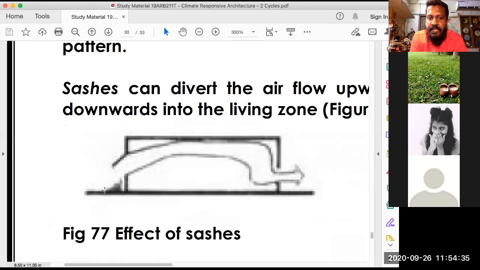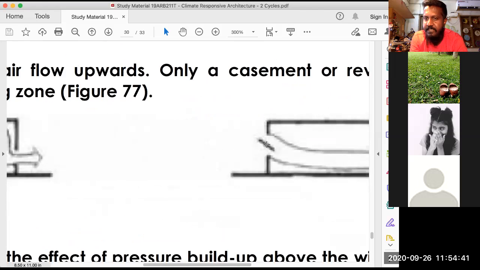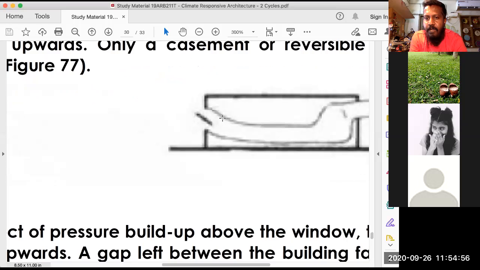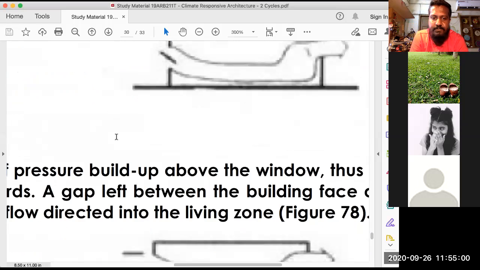Again, you can see the triangle here, the wind shadow, and how the air movement goes in. Here, you don't have a connection at the top, rather a connection at the bottom. This is called pivotal, a center pivot. Because of the inclination here, it would throw your air directly through the habitable space.